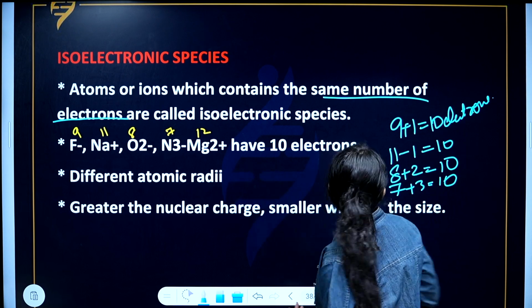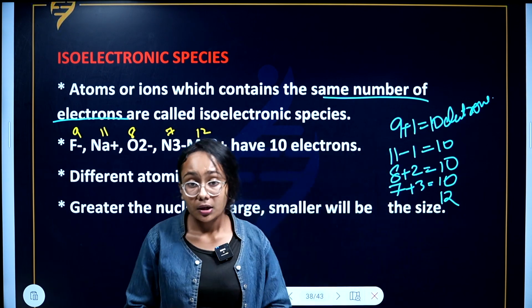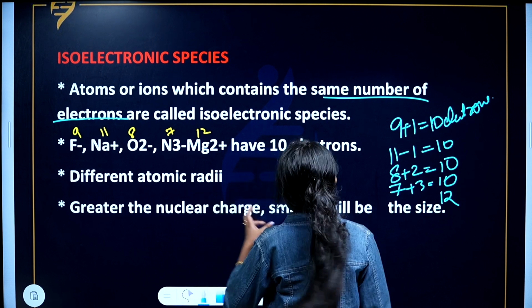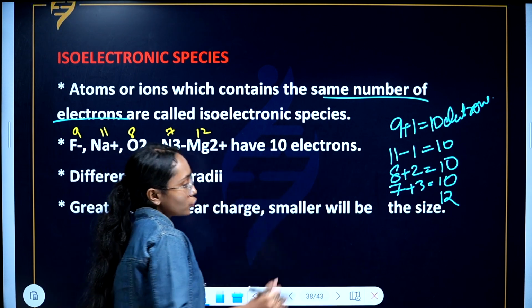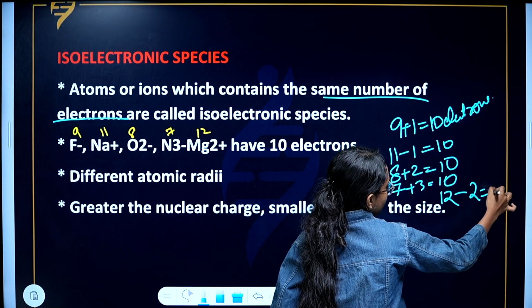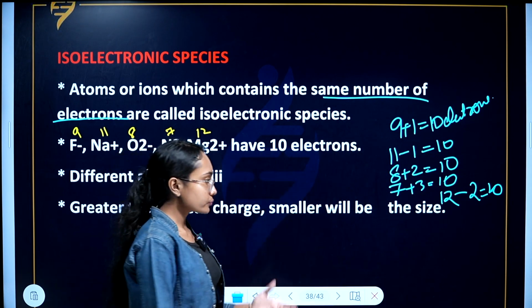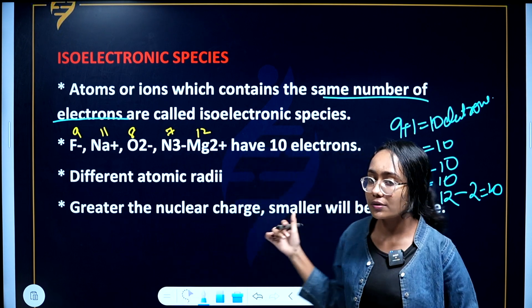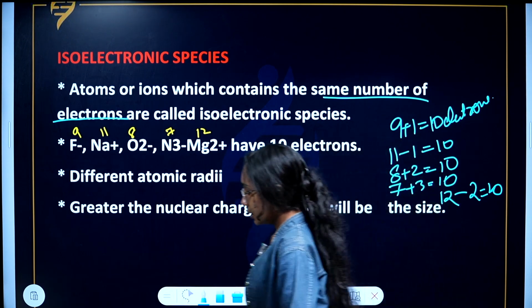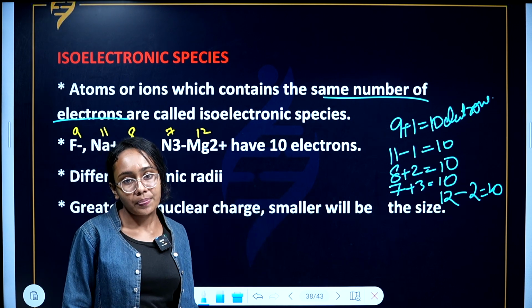In the case of magnesium, same way. Magnesium, sorry, the atomic number is 12. So Mg2 plus is given. 2 electrons are donated. So the number of electrons is 10. See, all these species have same number of electrons.